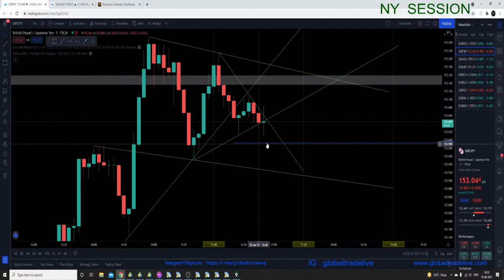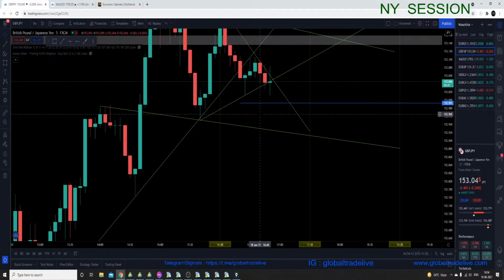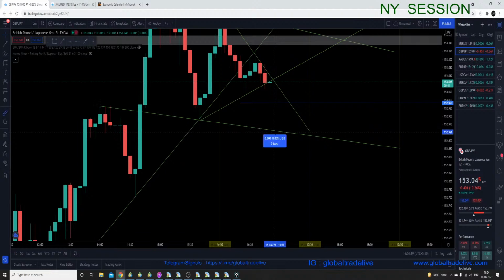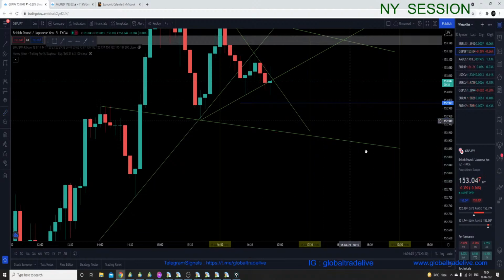Now if this comes and breaks this level over here, then there is no room for the market to go up, because there is this trend line over here, and if the market has no room left to go up, then it has to go only down. And the volume will come into the market when it breaks this trend line. Trust me, it's going to fall really hard here.